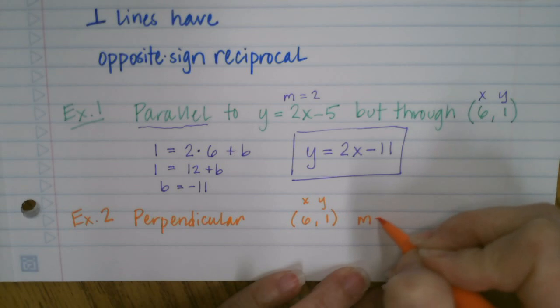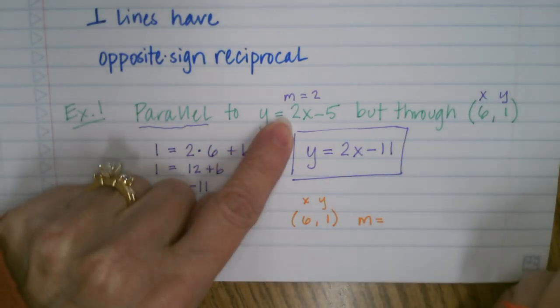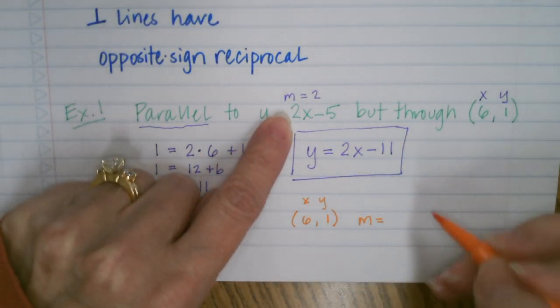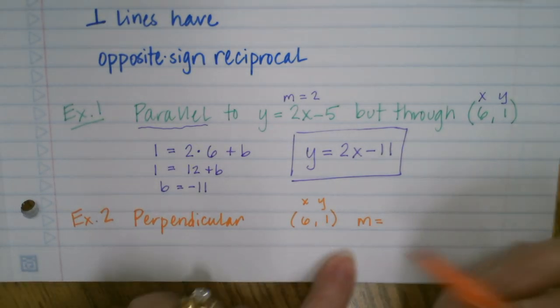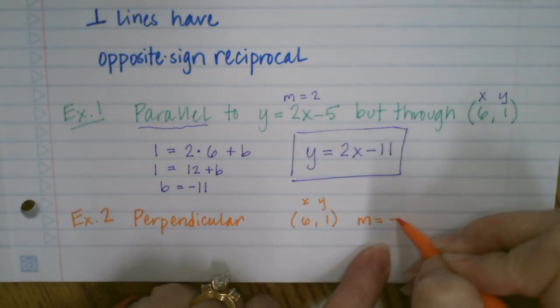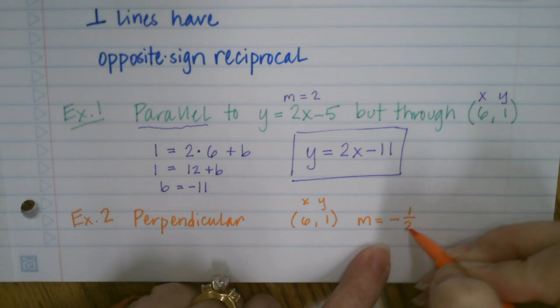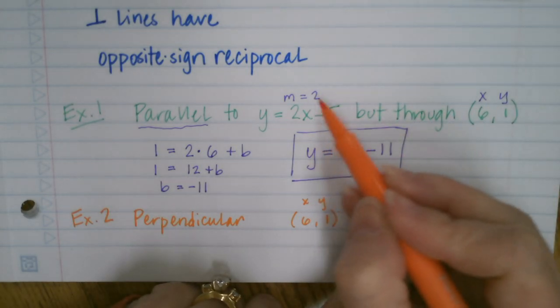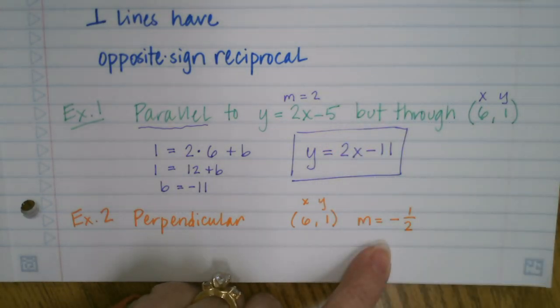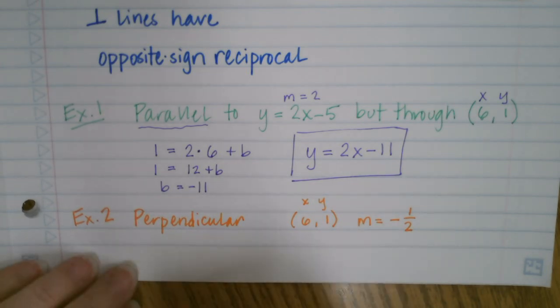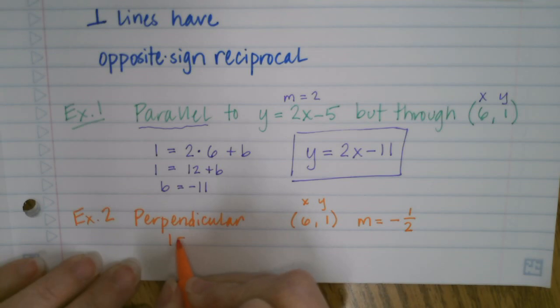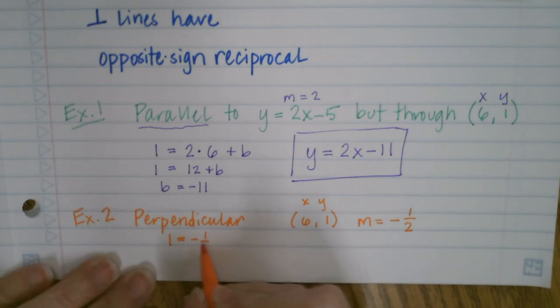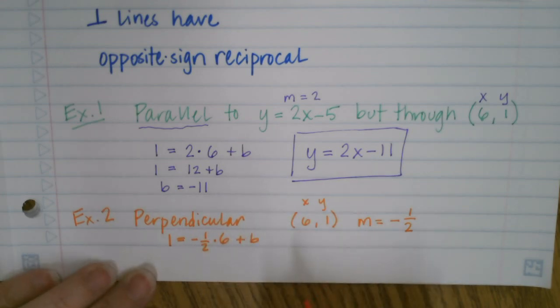But this time, I know the slope of the original line is 2, so the slope of the line that's perpendicular needs to be negative 1/2, because it's the reciprocal of this one, with the opposite sign. All right, so let's fill those in. y equals m times x plus b.